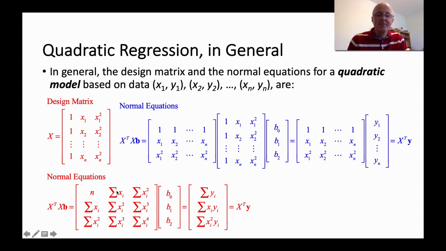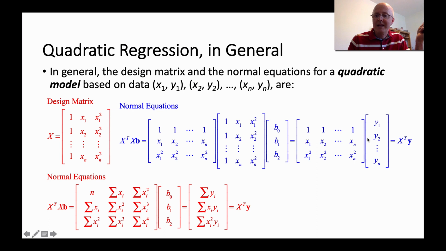The entries in row 1, column 2, and row 2, column 1, are both the sum of the x's. The entries along this off diagonal are all the sum of the x squareds. These two numbers are the sum of the x cubes, and this is the sum of the x to the fourth. That's pretty amazing.